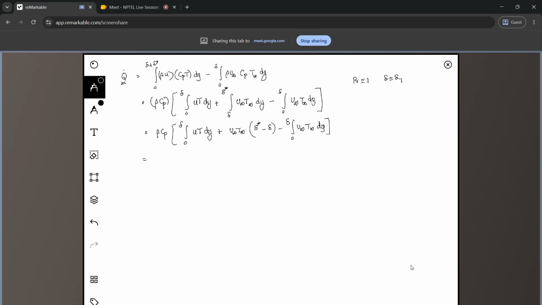So you can solve and tell me what expression you are getting. We'll have to first substitute the equation for delta star, and then do the math.